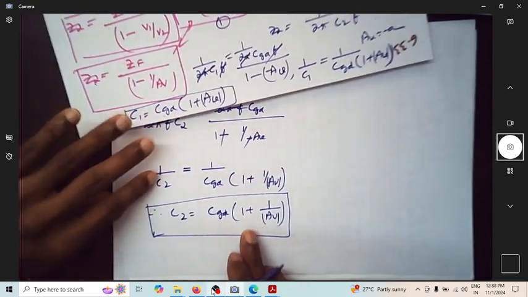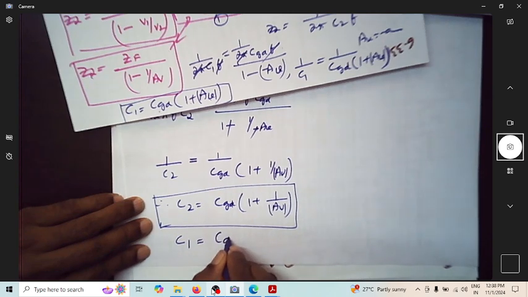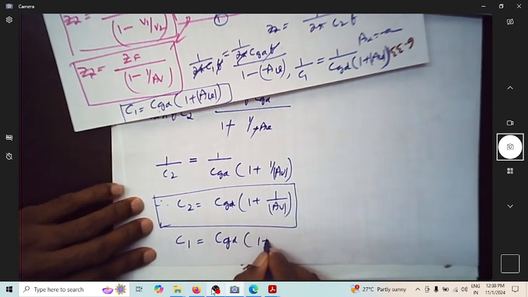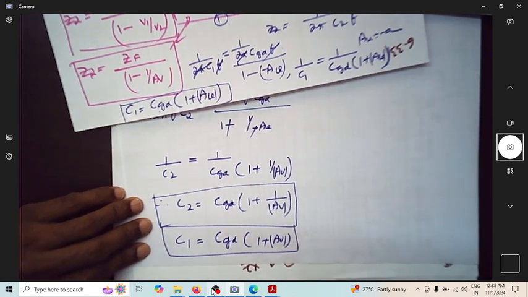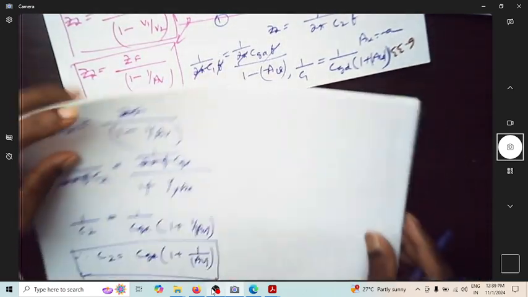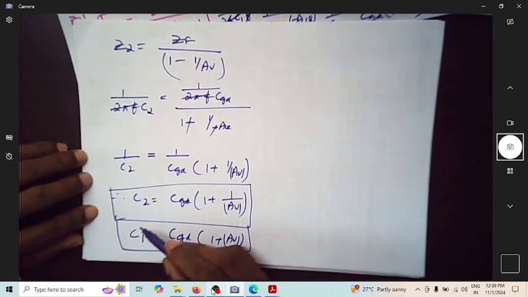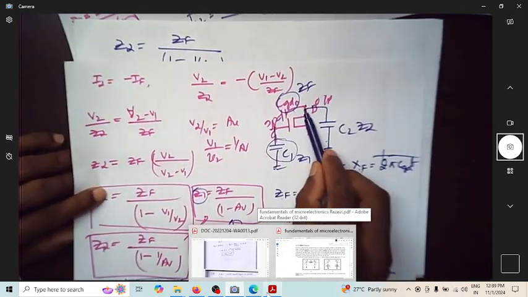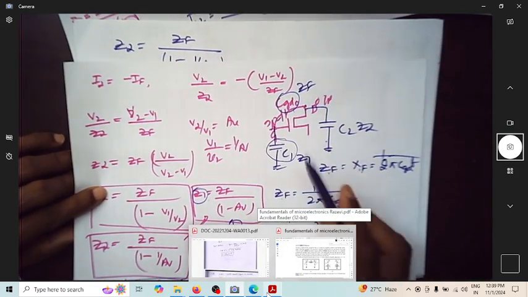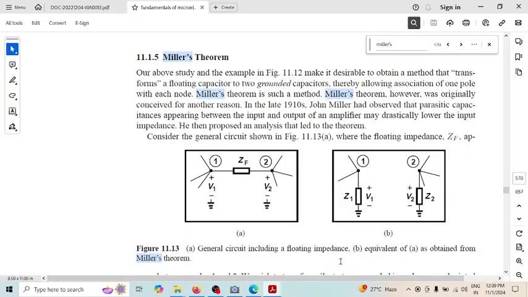Of course, we already found that C1 is equal to the same CGD, but 1 plus AV. That's why in the small signal model, we replace this floating capacitance between gate and drain by these capacitances. That's what you can see here.